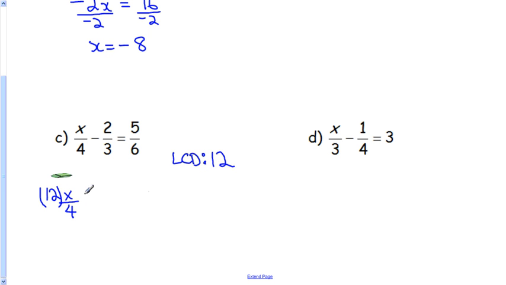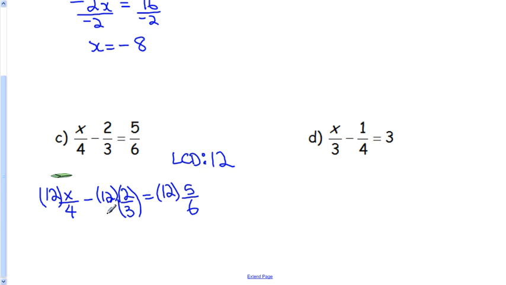You can put the 12 in brackets if you like. Then minus 12 times 2 over 3. So the 12 has to be multiplied straight through, equals 12 times 5 over 6. Okay. So we multiply the LCD by every single term.